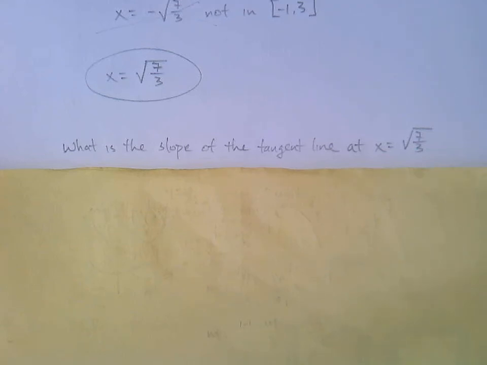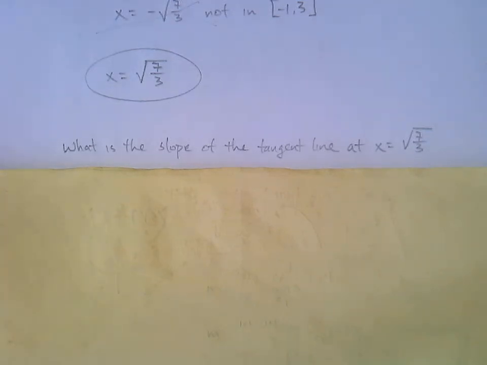What is the slope of the tangent line there? And if you remember, the slope of that tangent line is going to be parallel to the slope of the line connecting the endpoints, or I should say the slopes are going to be the same. The lines are parallel. So what's the slope of the tangent line at x equals square root 7/3?